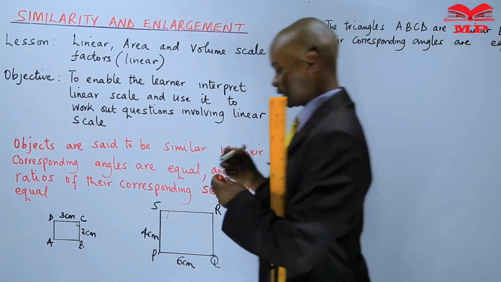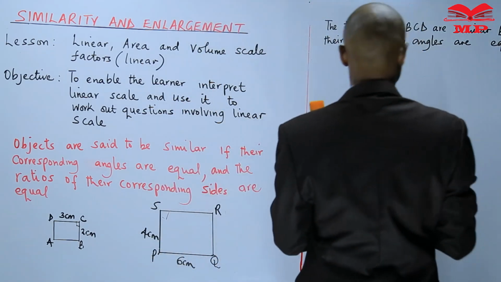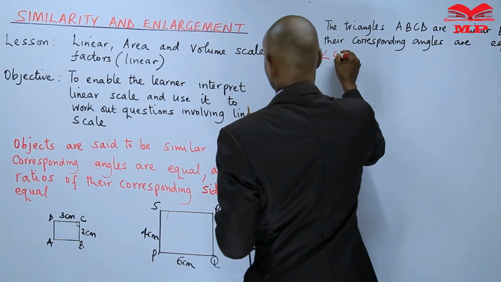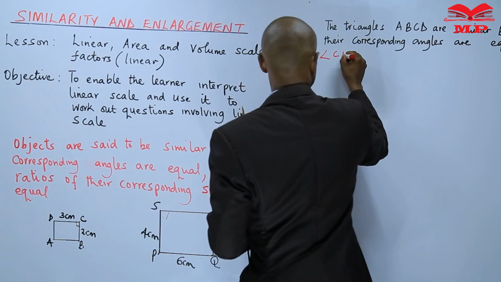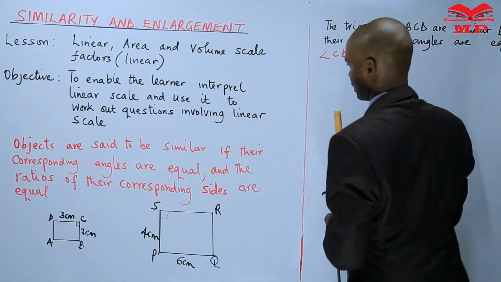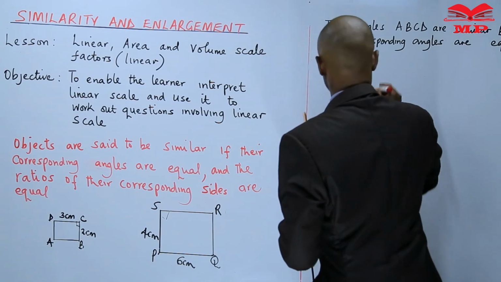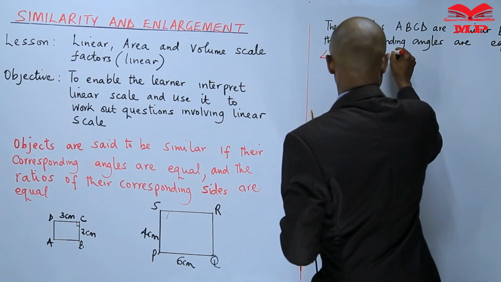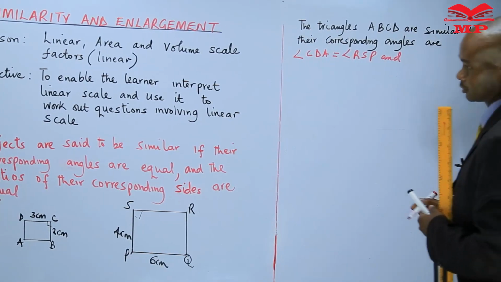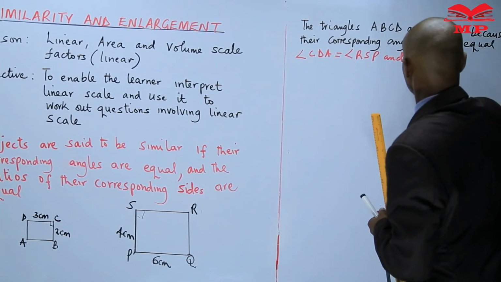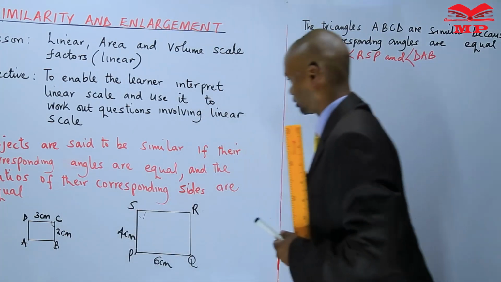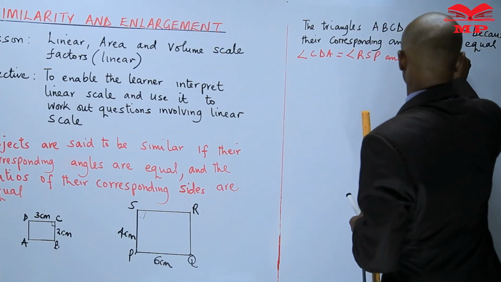When we say the corresponding angles are equal, we can give an example: angle CDA is equal to angle RSP, and angle DAB is equal to angle SPQ.